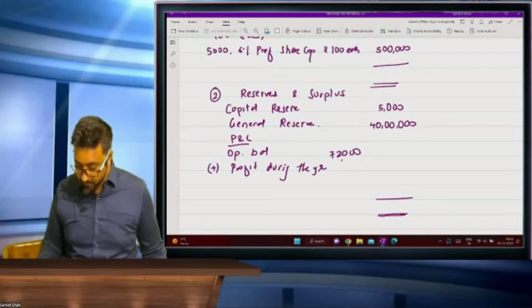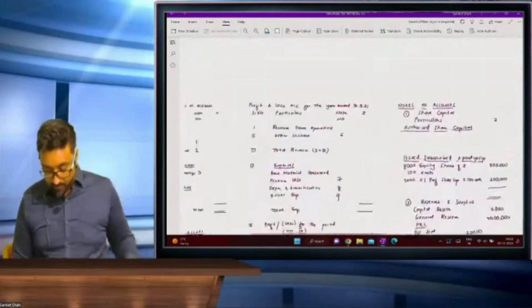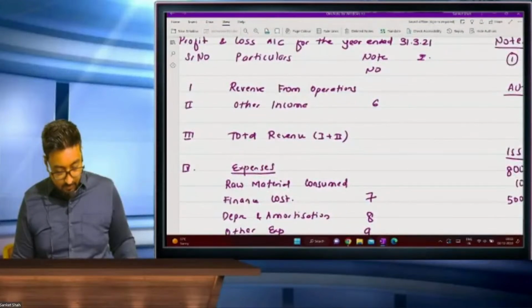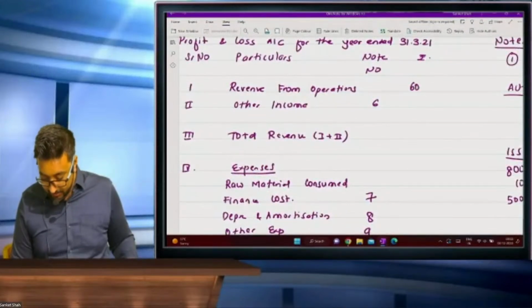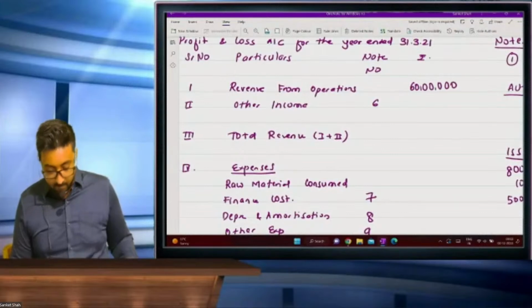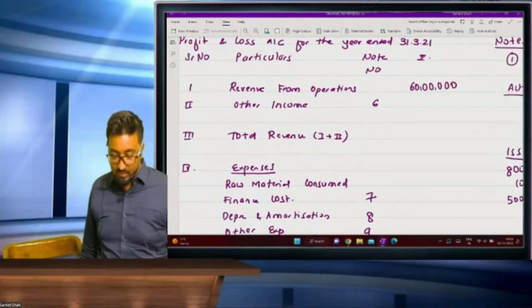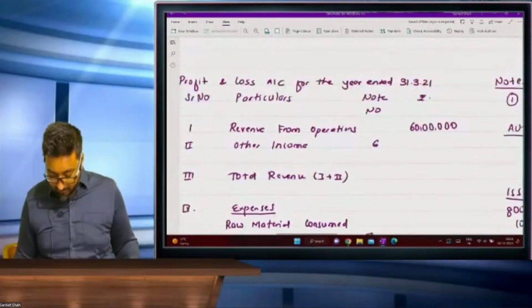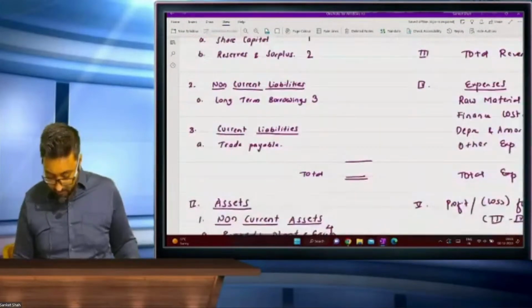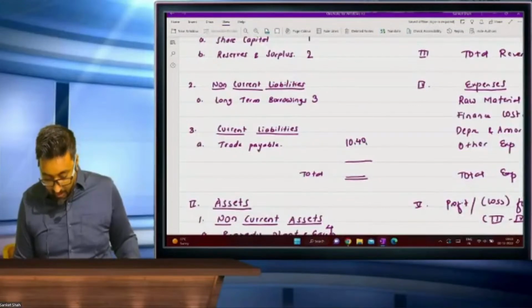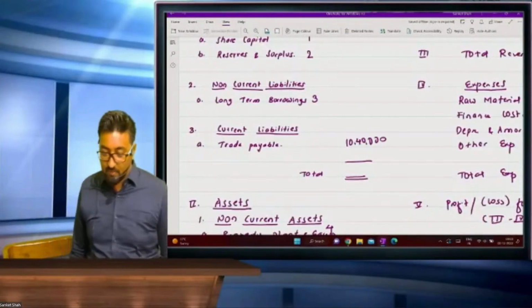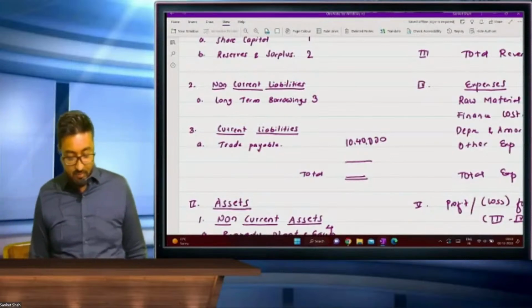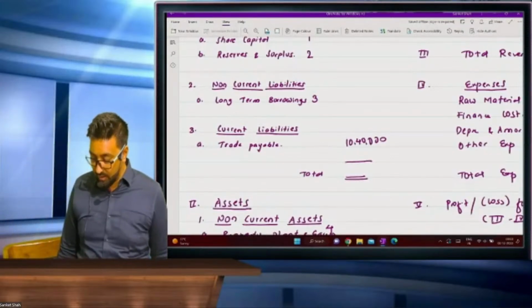72,000, and revenue from operations 60 lakhs. Trade payable 10,40,000.